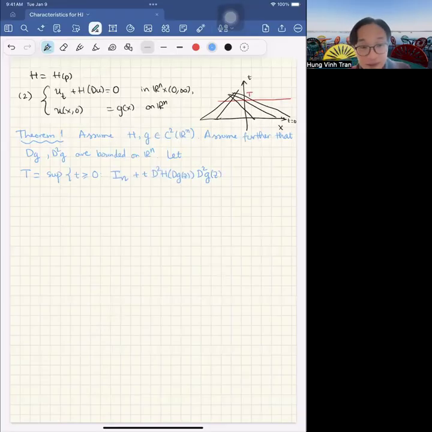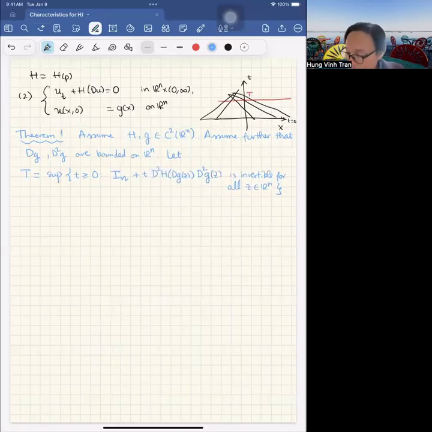If this matrix is invertible for all z in Rn. So we define capital T to be the supremum of all possible t for which the sum of I_n plus this square matrix is invertible for all z.